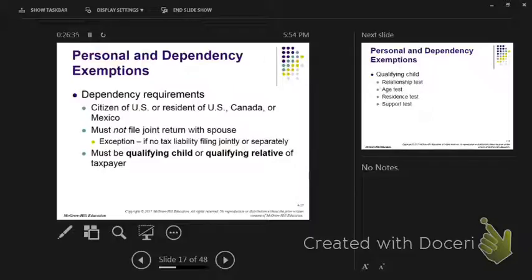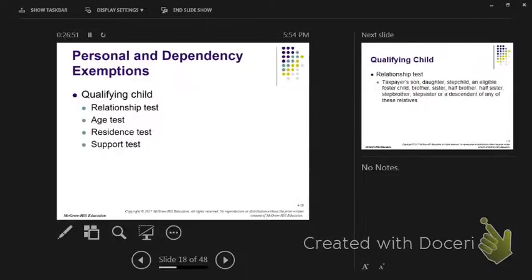You must be a qualifying child or qualifying relative. That's where sometimes things get a little confusing. It's not whether or not you're a dependent. If you have a kid and the kid lives with you, that's pretty straightforward. It's all the other qualifying child and qualifying relatives that get a little bit confusing. So there's 4 things we got to look at. You got to look at the relationship, the age, the resident, and the support.